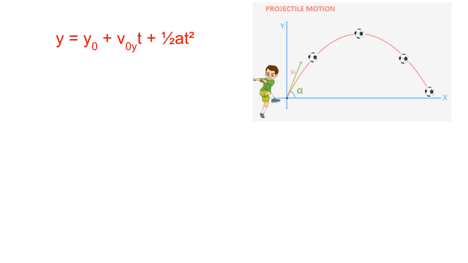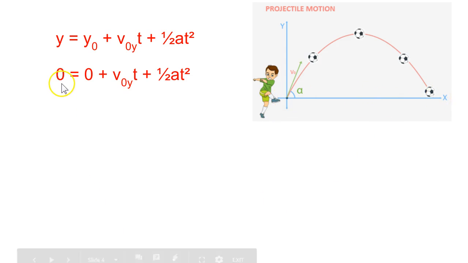Time is going to be found in the uniformly accelerated motion formula. Y equals the initial position in y plus the initial velocity in y times time, plus 1/2 at squared. If we start at 0 and end at 0 as far as y displacement, we can replace these two with zeros. And that leaves us with this nice tidy little formula: 0 equals the initial velocity in y times time plus 1/2 at squared.